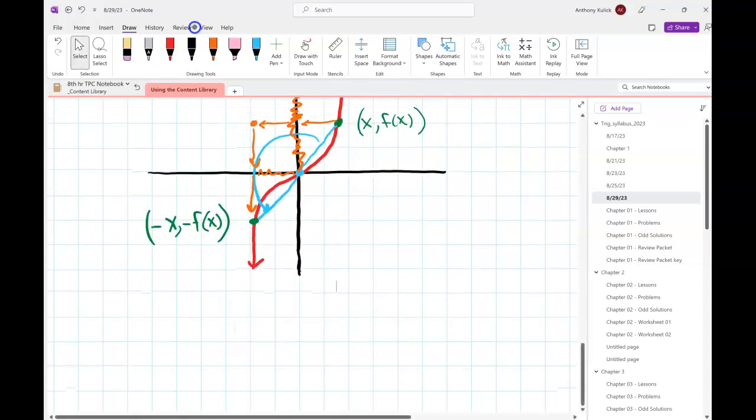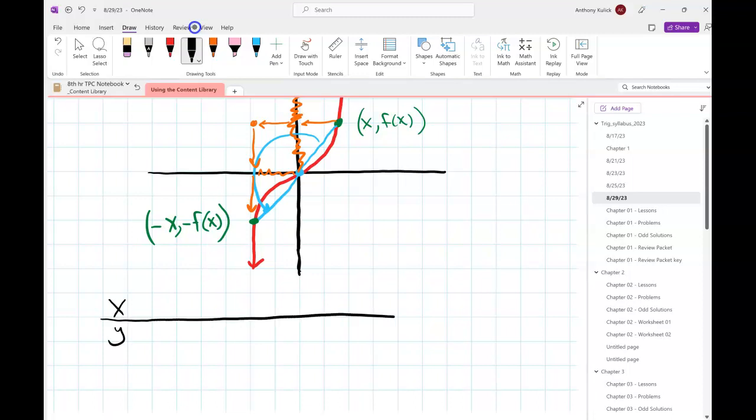Anyways, let's go ahead and make a table of values so we can see what's happening. Let's say we use the x's -3, -2, -1, 0, +1, +2, +3. If I plug these in for x, I'd have -3 cubed, which is -27, -2 cubed, which is -8, -1 cubed, which is -1, 0 cubed is 0, 1 cubed is 1, 2 cubed is 8, and 3 cubed is 27.